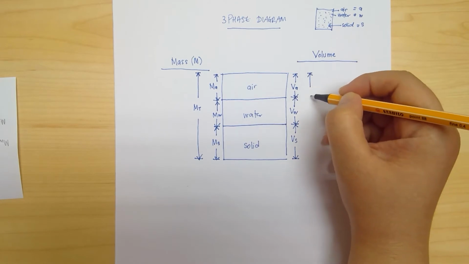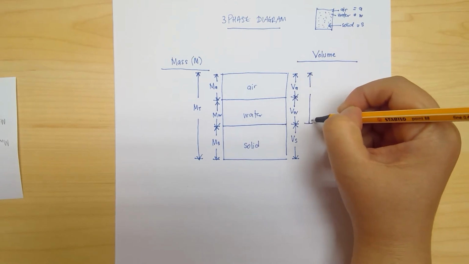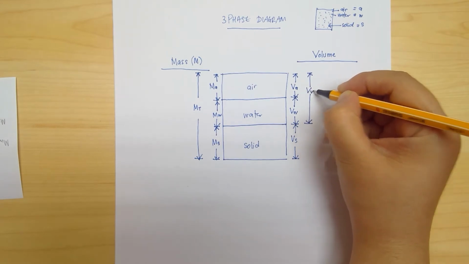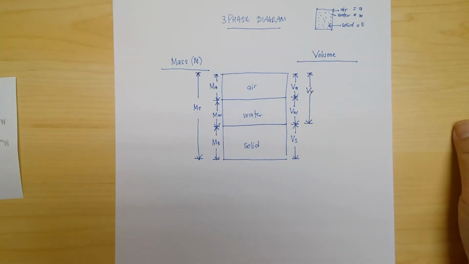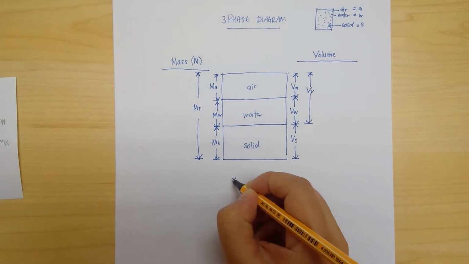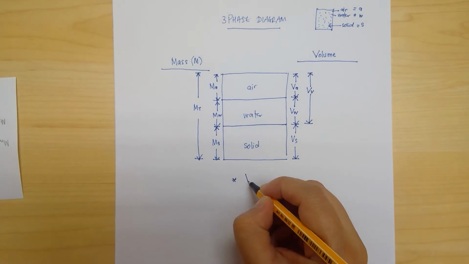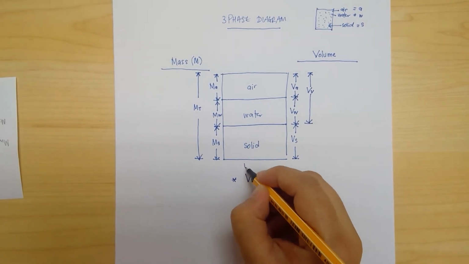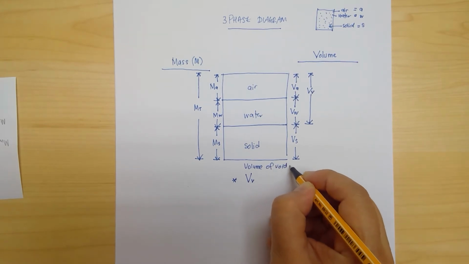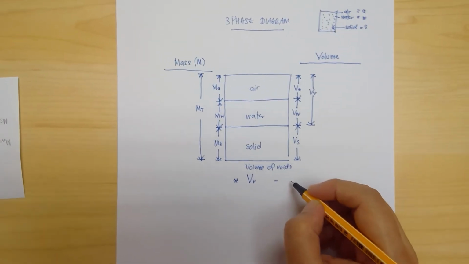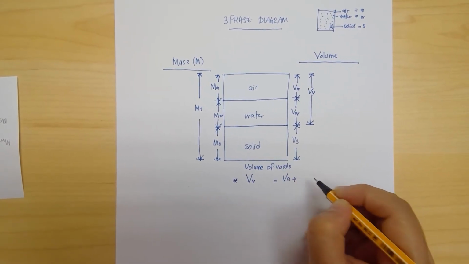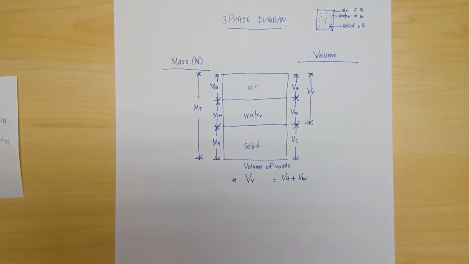Void is volume of water plus volume of air, and the notation we put is Vv, or volume of void. So at the bottom here, Vv, or volume of void, is equal to, sorry, Va plus Vw.